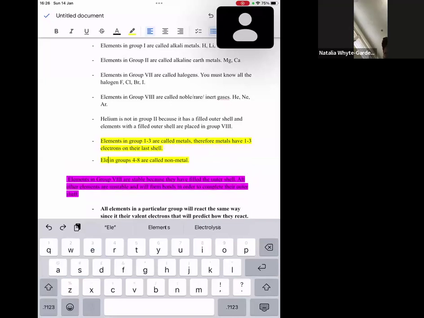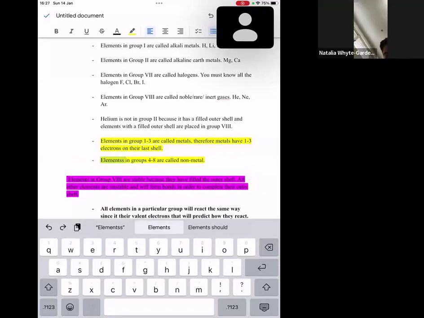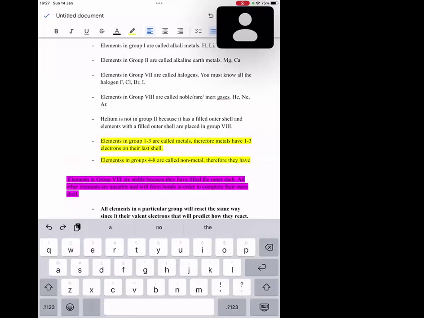Elements in group 4 to 8 are called non-metals. Therefore, what does that mean? What about these? How many electrons do they have on their last shell or their valence shell? 4 to 7. 4 to 8.